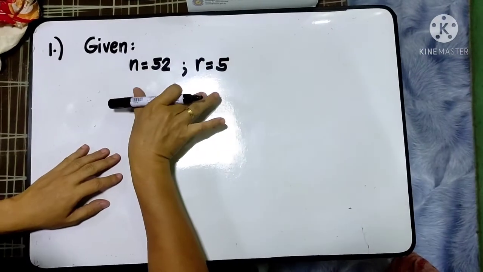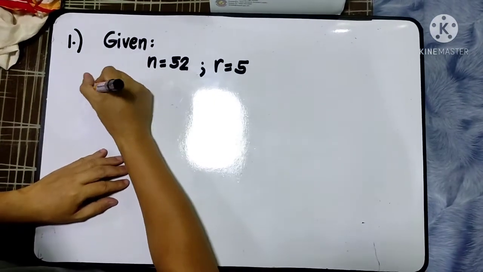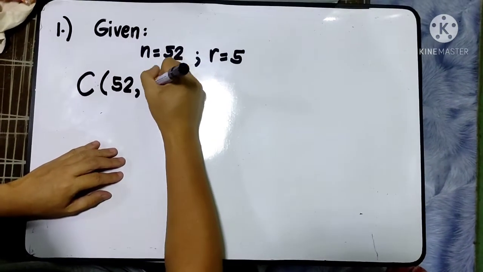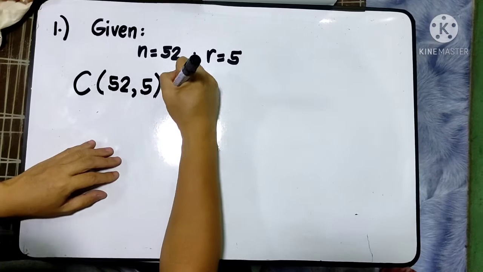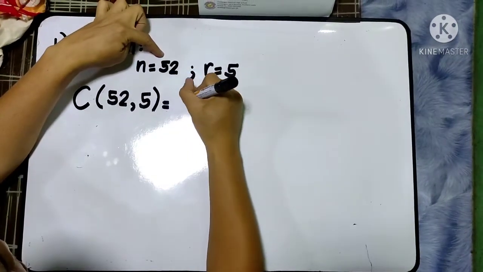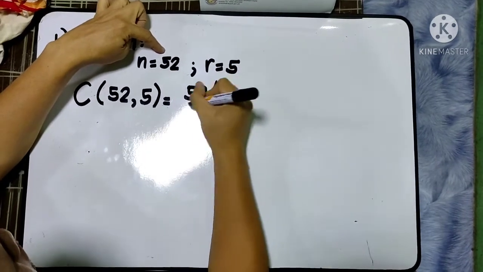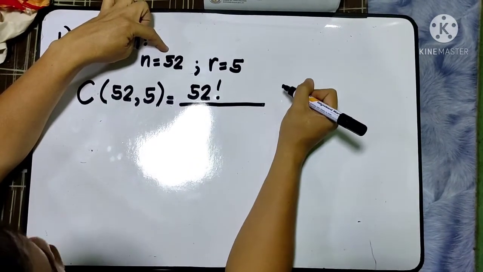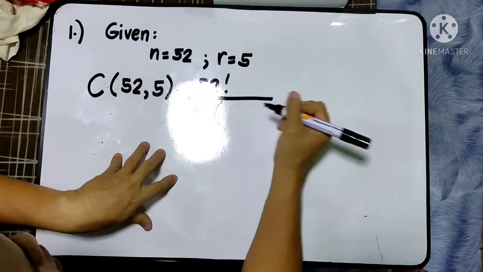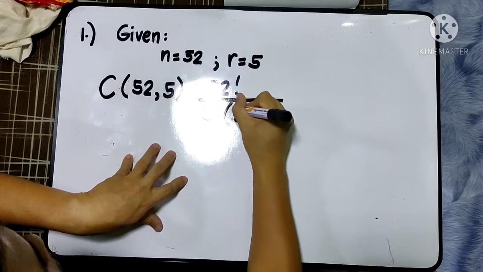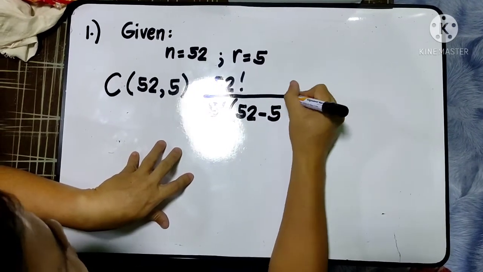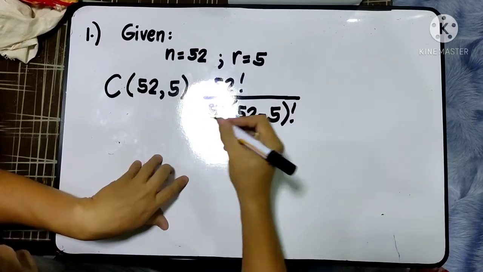Since this is a combination problem, you will have the combination of 52 taken 5 is equal to our formula: n factorial over r factorial times the quantity n minus r factorial. So that is 52 factorial over 5 factorial times the quantity 52 minus 5, factorial.